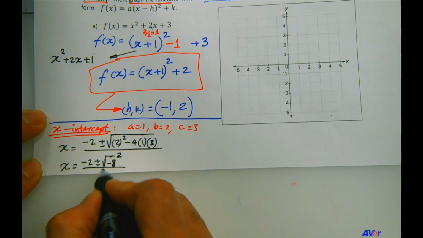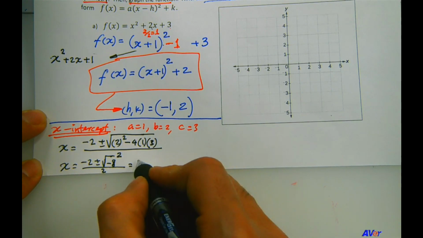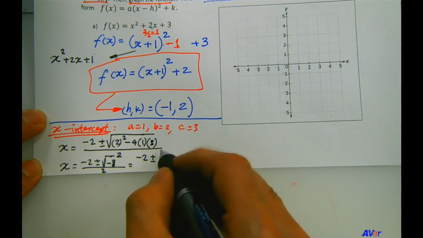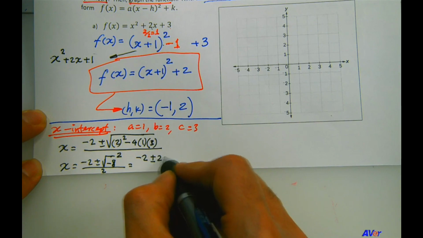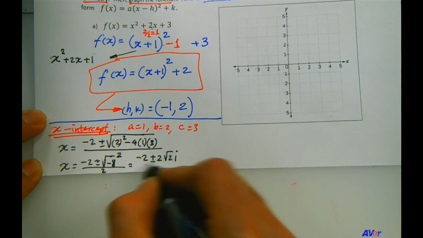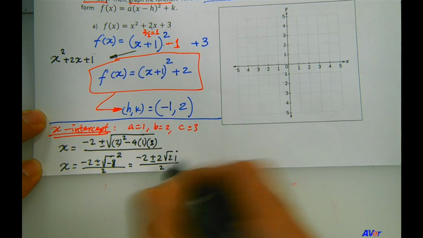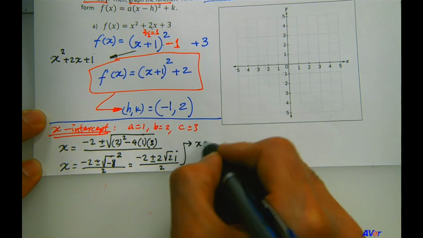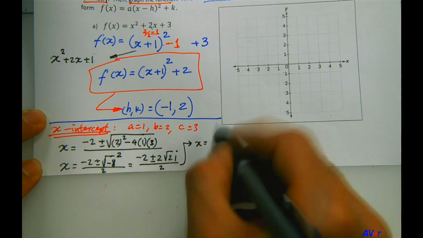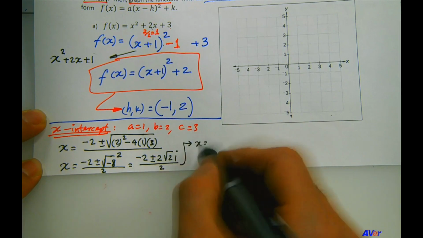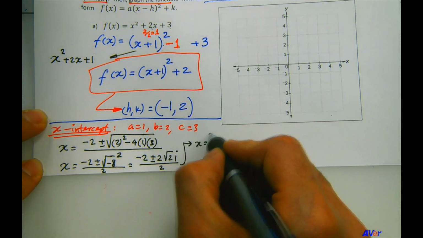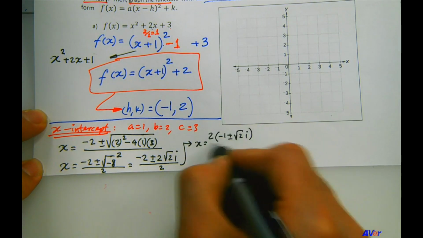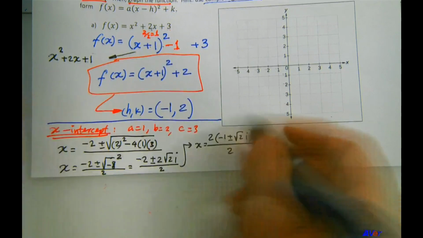divided by 2. So the x-intercepts are -2 plus or minus 2 square root of 2i, over 2. And then if we factor out 2, the 2's cancel out from the denominator and numerator, so we get 2 times (-1 plus or minus square root of 2i) divided by 2, right?